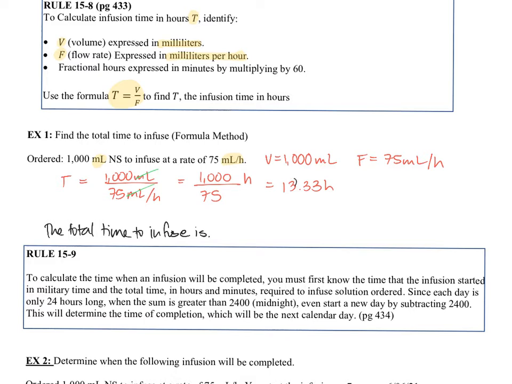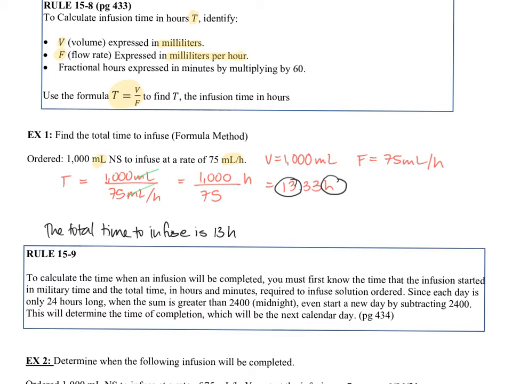This is talking about hours. So we know that it's 13. Oh, let me erase that one little piece right there. So we know the total time is 13 hours.